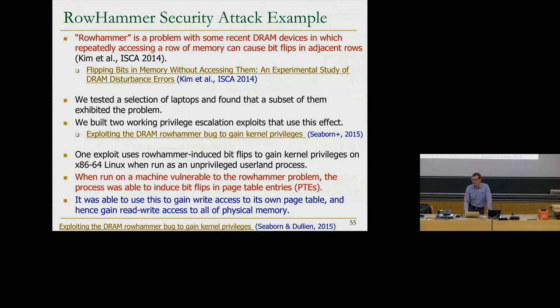So it's a bit sad, because you built all of these protection mechanisms to protect, but if the hardware is not reliable, then there's a big problem, right? And in this particular case, it's not just that hardware is not reliable, it's predictably unreliable. Meaning that if you're able to induce a bit flip in a particular memory location, you can do it again, and again, and again, for the same bit, for the same memory location.